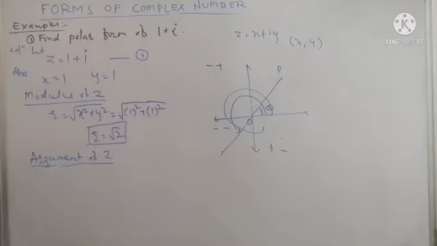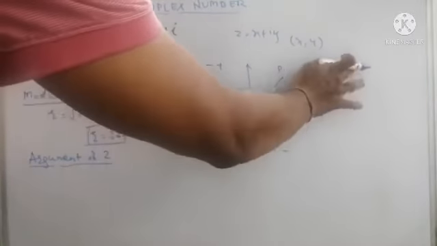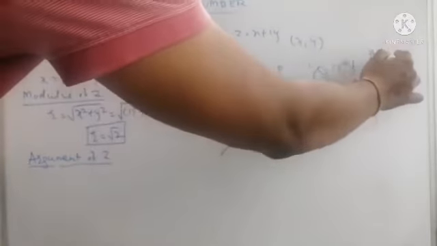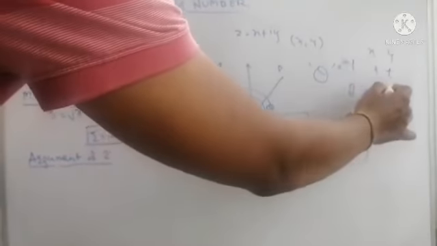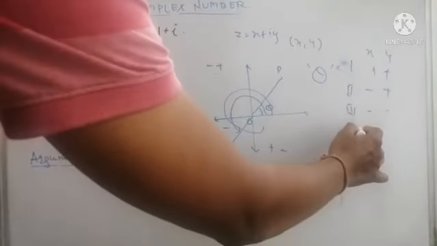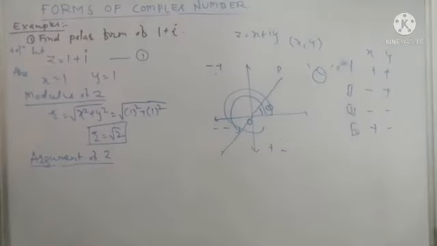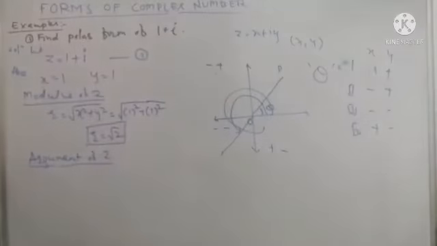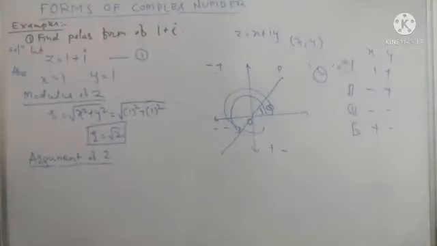That means the angle theta lies in the first quadrant if both x and y are positive. In the second quadrant, if x negative, y positive. In the third quadrant, x and y both are negative, and in the fourth quadrant, if x positive, y negative. So while calculating theta, we have to check the sign of the real part and imaginary part.